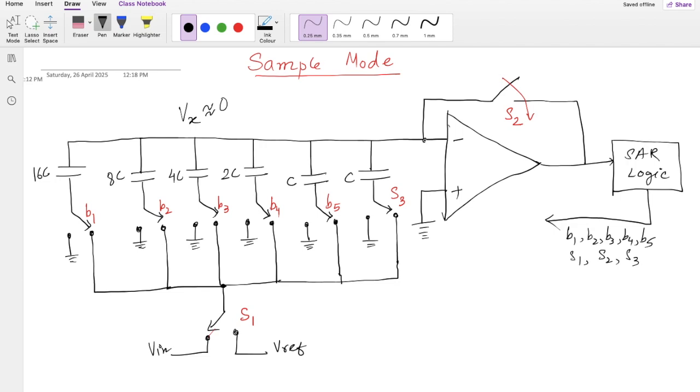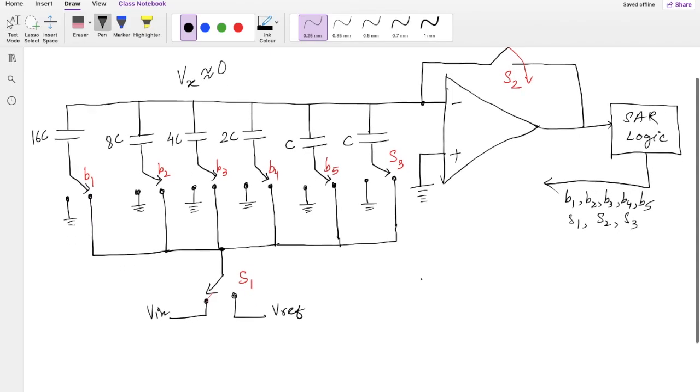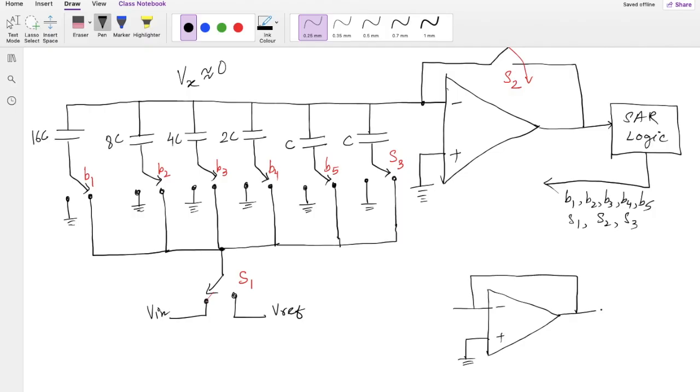This is virtually grounded, and if I draw the equivalent circuit, it is something like this. This is approximately 0, and I have a capacitor here.